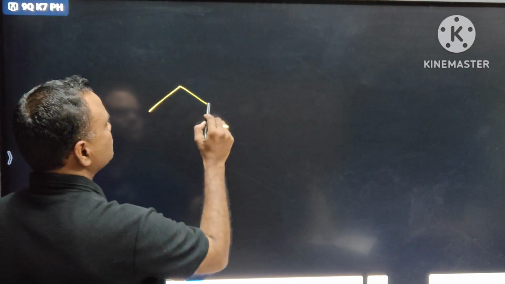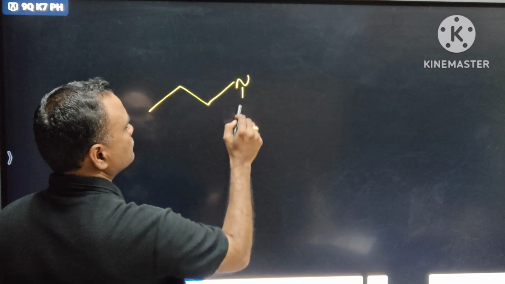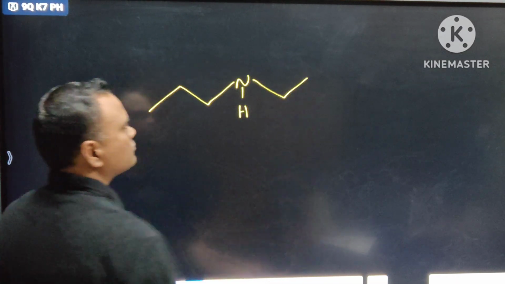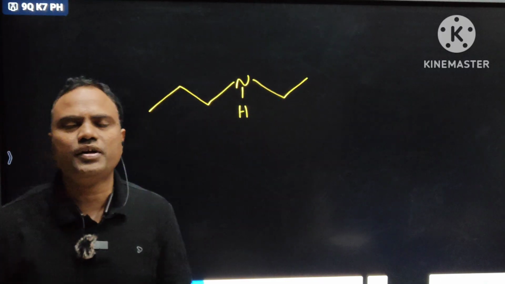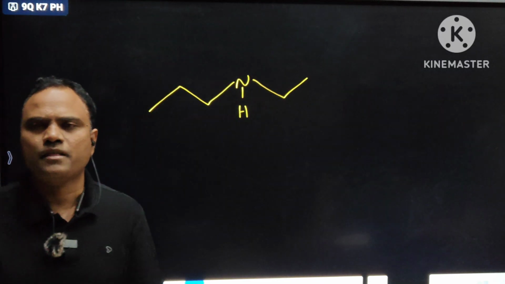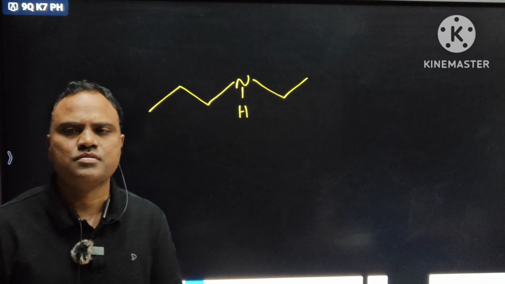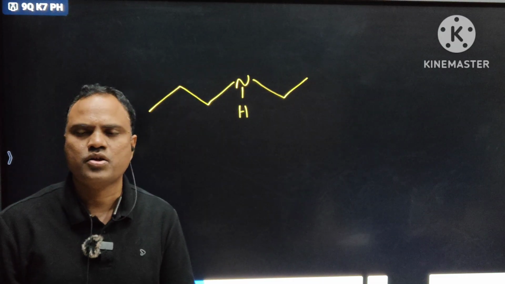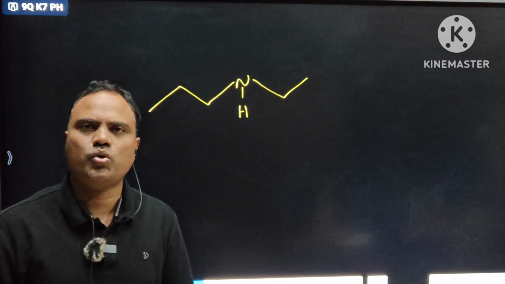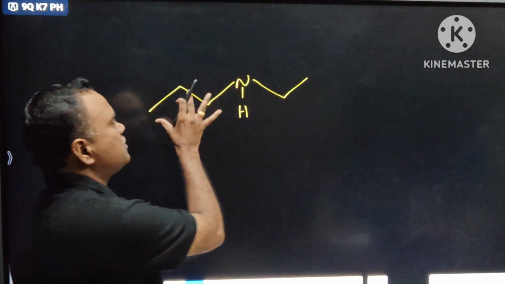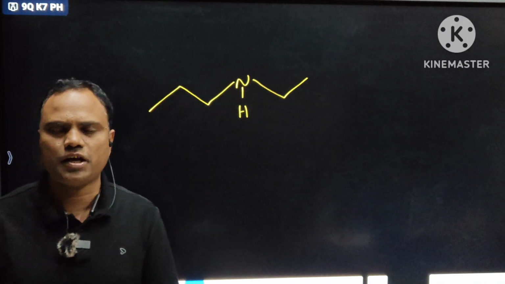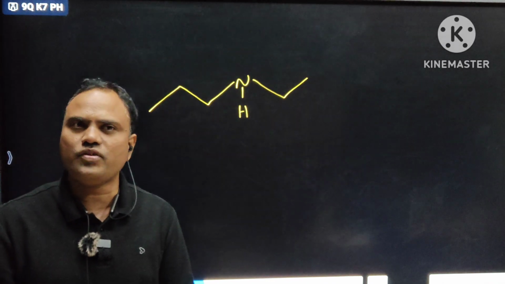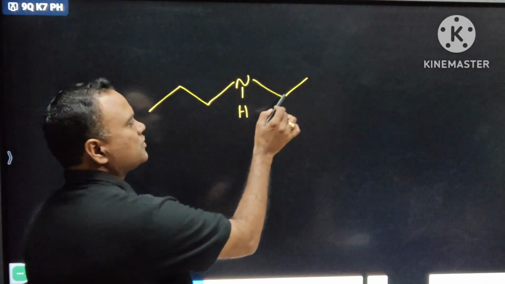Next example. First of all, tell me, this is which degree? 2 degree. This side one R group is there, this side one R group is there. In which are more carbons present?